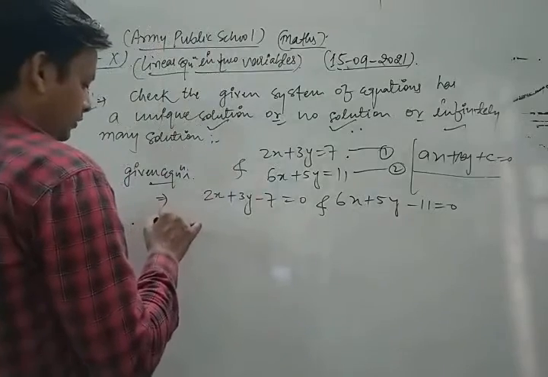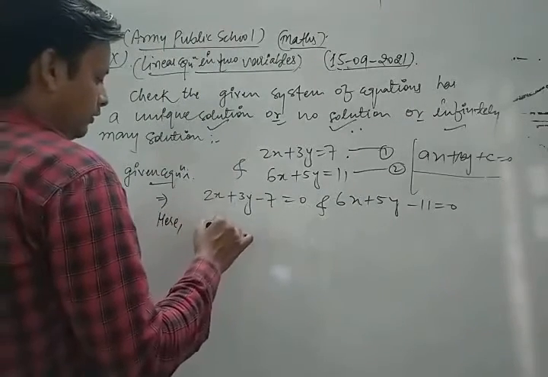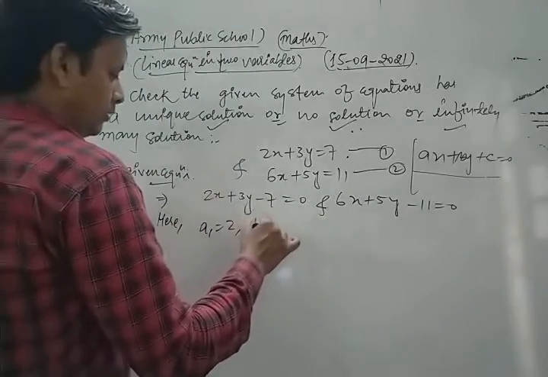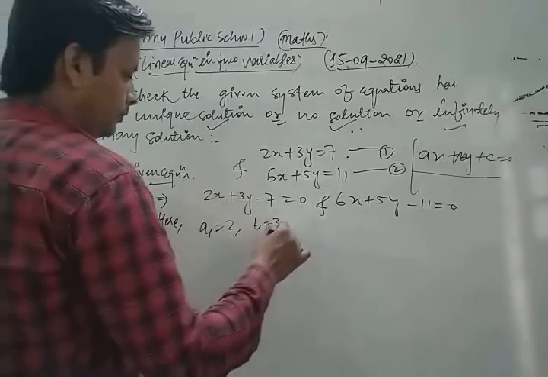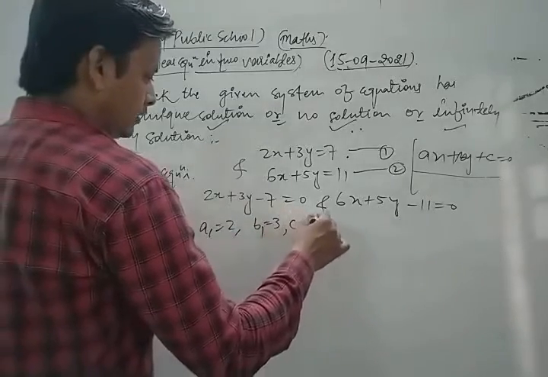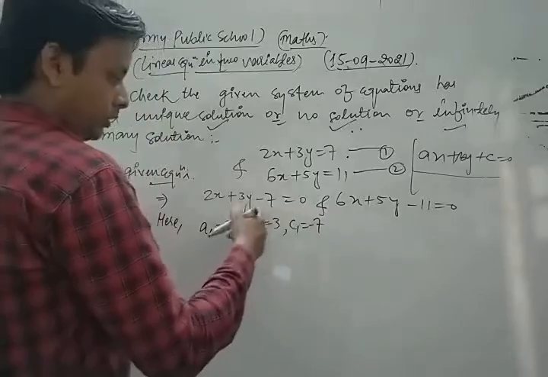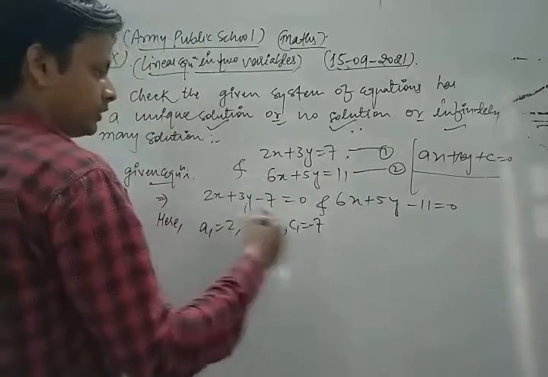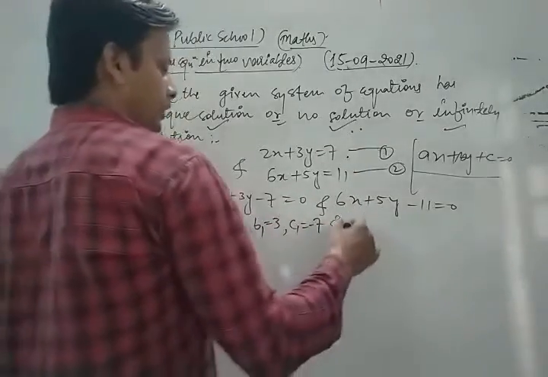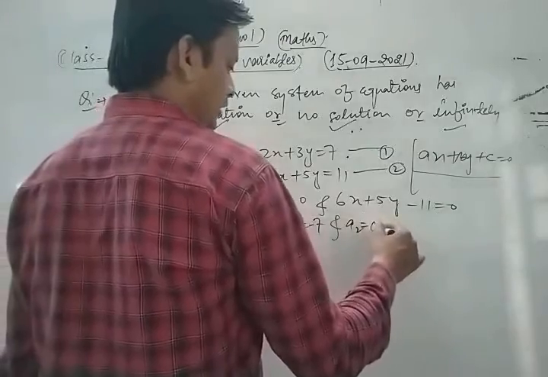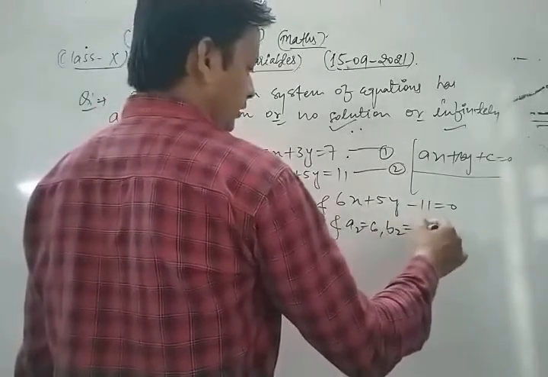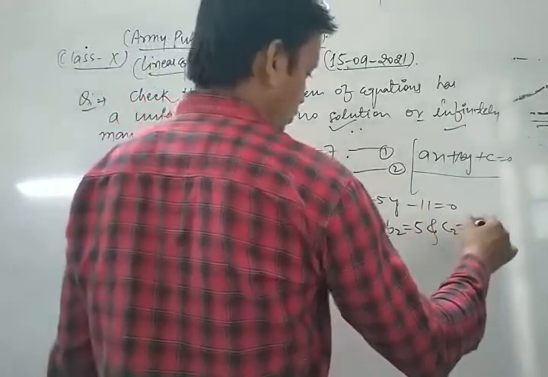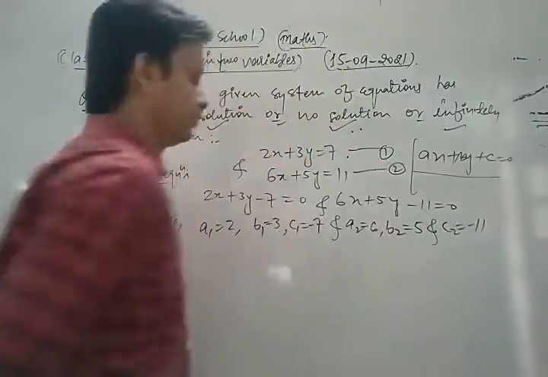So here a1 is 2, b1 is 3, and c1 is minus 7. On comparing this equation with the standard form, similarly a2 is 6, b2 is 5, and c2 is minus 11.